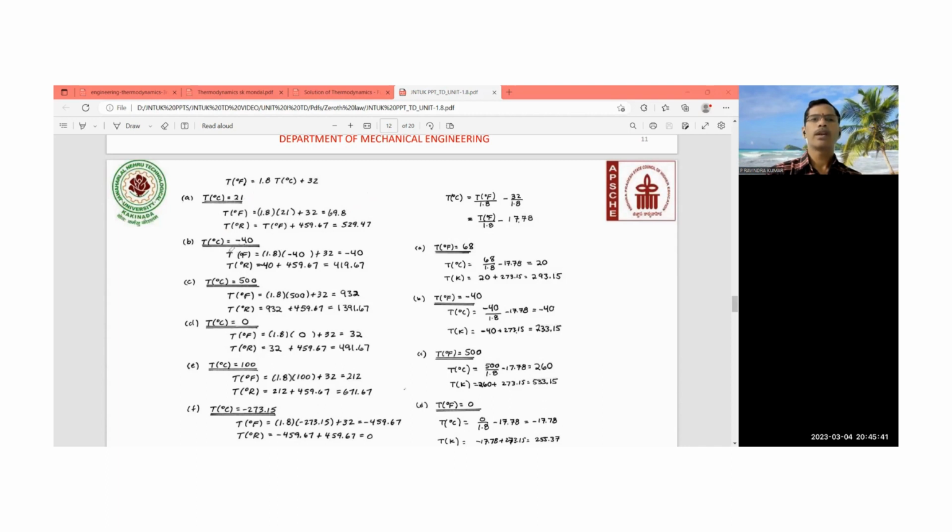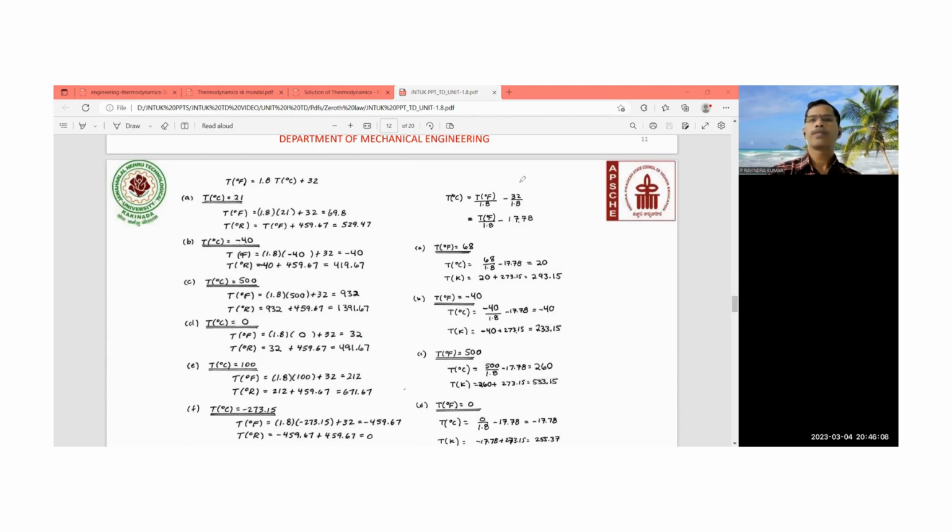When T degree centigrade is minus 40, substituting in Fahrenheit and Rankine, you will get values like this. If it is 500, substituting in Fahrenheit and Rankine scale, you will get like this. If it is 0 degree centigrade, then what about the Fahrenheit and the Rankine scale? This is how the relations are.